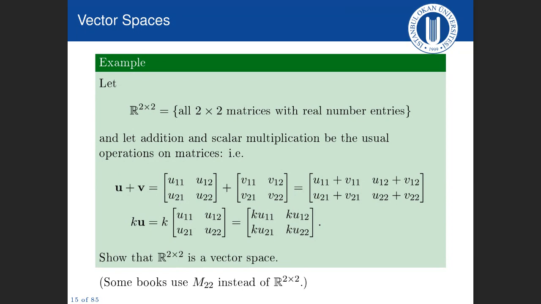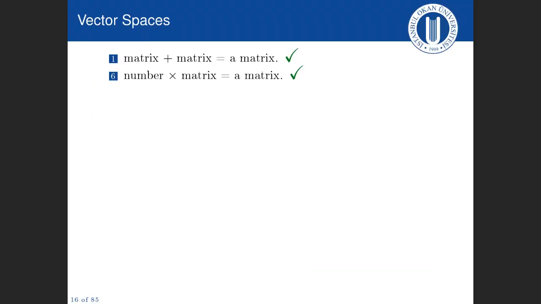So we need to satisfy all 10 axioms. Let's talk about 1 and 6 first of all. These are both satisfied because matrix plus matrix is a matrix. In particular, a 2 by 2 matrix plus a 2 by 2 matrix is a 2 by 2 matrix. Axiom number 6, multiply a number by a 2 by 2 matrix, we get a 2 by 2 matrix.